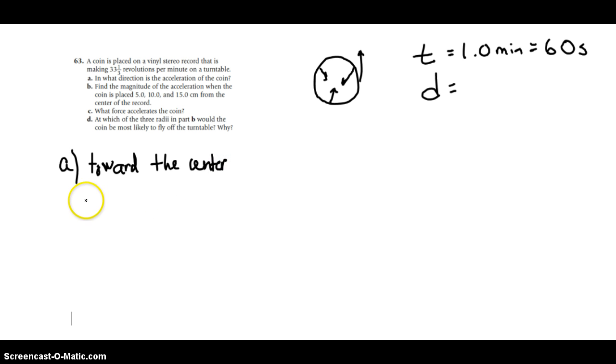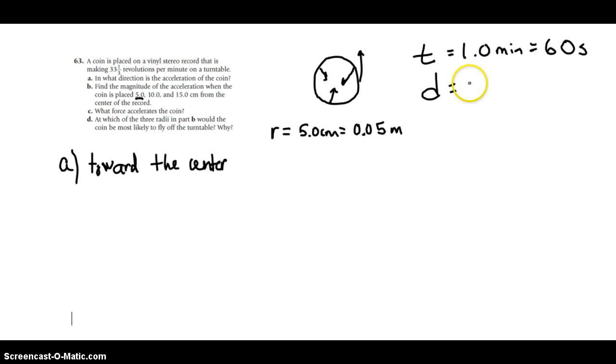For part B, finding the magnitude of the acceleration when the coin is placed at these 3 different radii. So the first radius we have here is 5.0 centimeters. So I'm going to write radius is equal to 5.0 centimeters, or 0.05 meters.